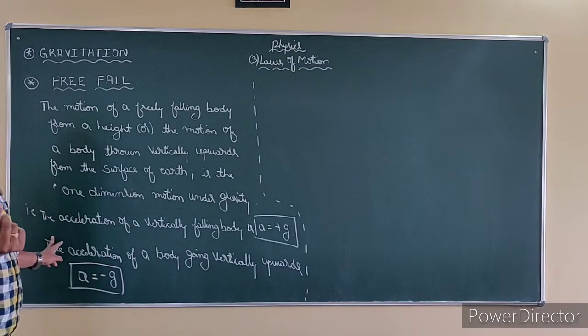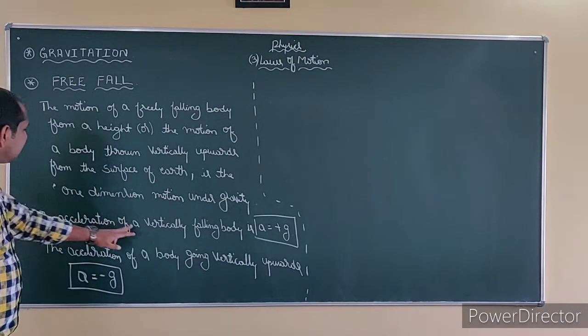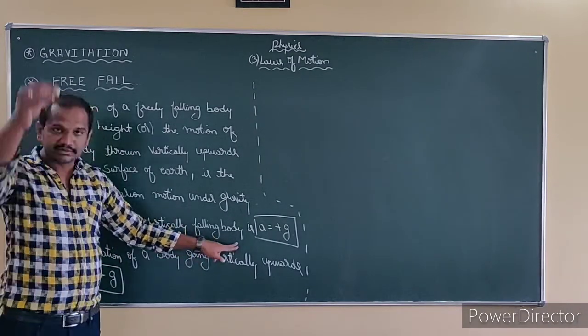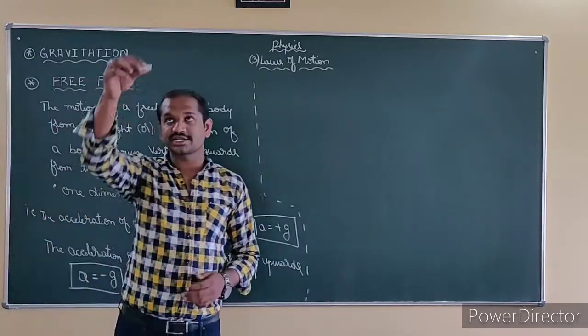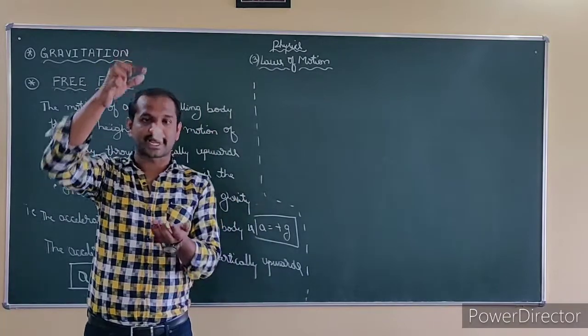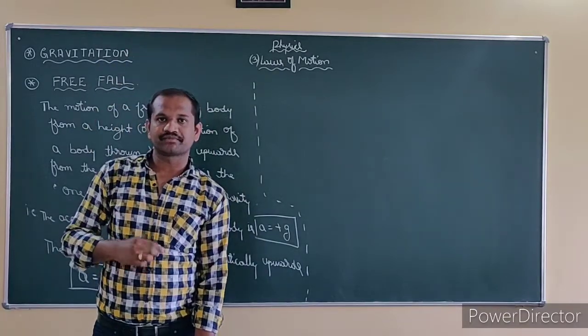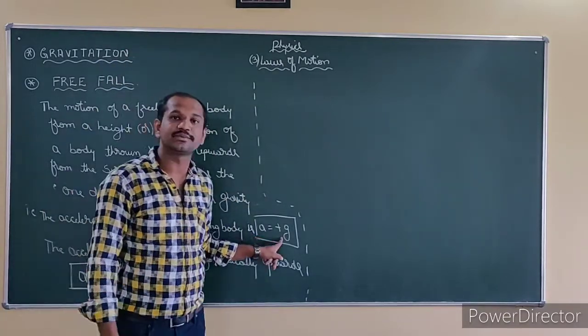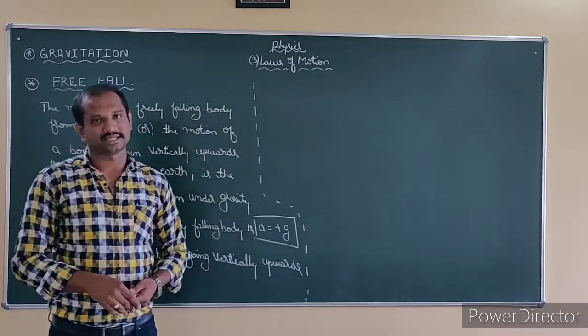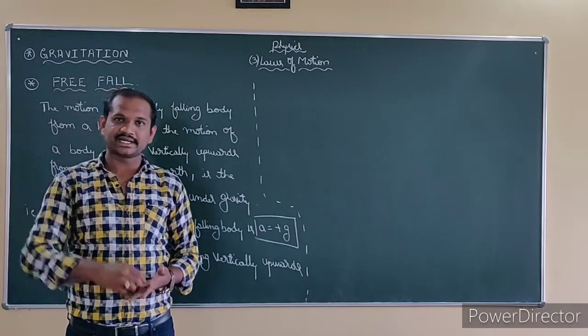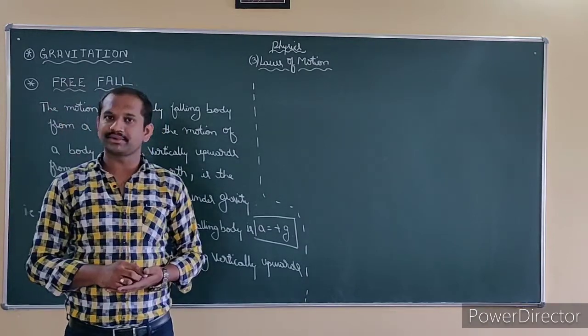Now, one thing we need to remember in this case is that the acceleration of a vertically falling body is always positive. What is the reason? See, now I release this chalk from a height, and it is falling down. Why is the acceleration considered to be positive? Because it is coming towards the earth, since the earth is attracting it, and it is also moving in the same direction.